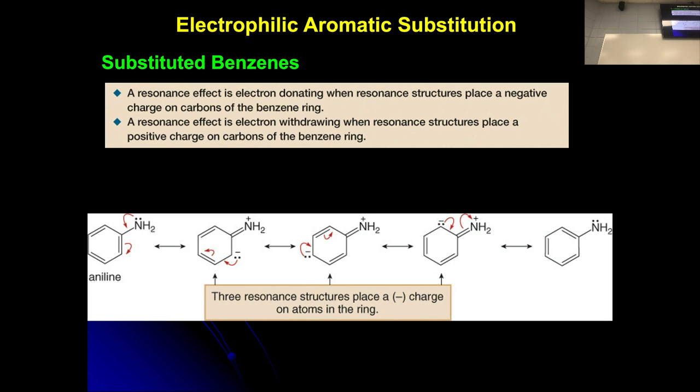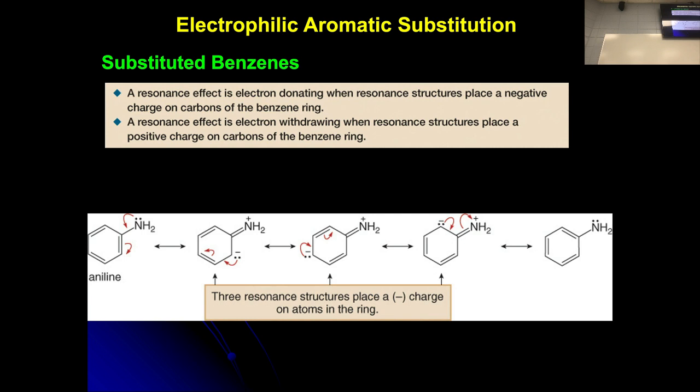What do you think? Where would the electrophile go? You want electrons, right? You're an electrophile. Well, when we looked at aniline, where were the electrons? They were on the nitrogen, but they got pushed into the ring by resonance, right?